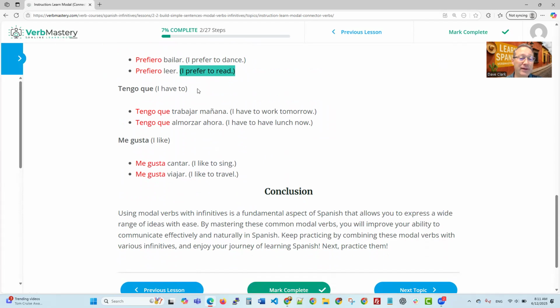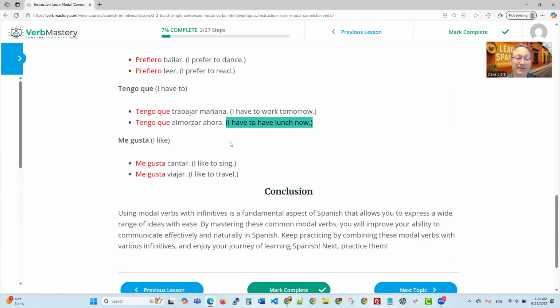Next one is tengo que. I have to. Tengo que trabajar mañana. I have to work tomorrow. Remember to repeat these after me. Tengo que almorzar ahora.